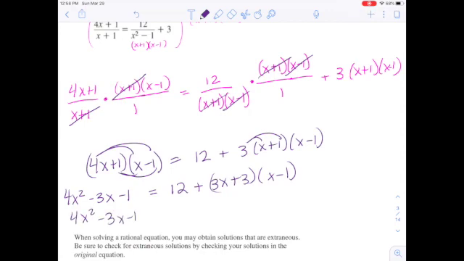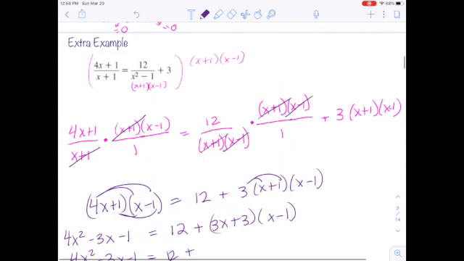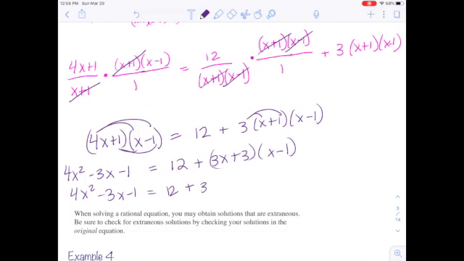Getting closer. 4x squared minus 3x minus 1 is equal to 12 plus 3x squared minus 3x plus 3x, that's kind of nice, that dropped out, minus 3, minus 3, and keep going.